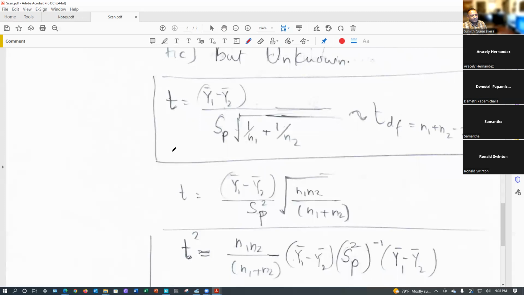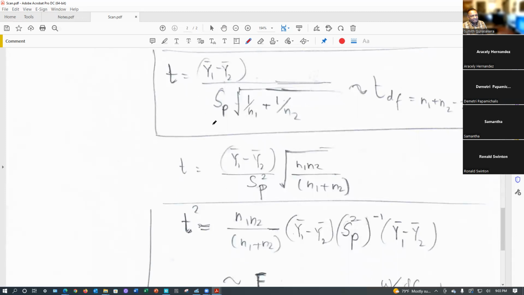Now what I'm going to do, I'm going to square this one. Whatever I have, I'm going to square. I rearrange this one. SP, I'm going to plug in here. Degrees of freedom. This one, I'm going to square that one. Not square yet.